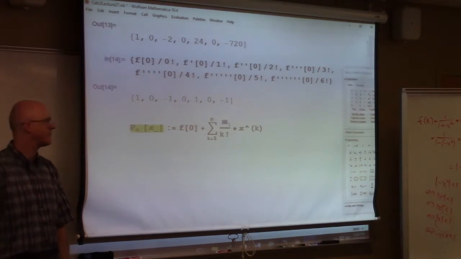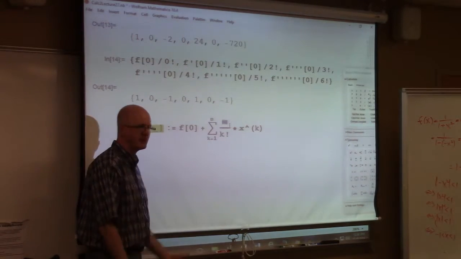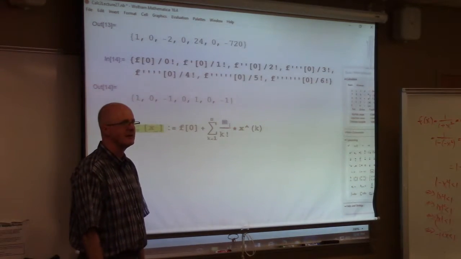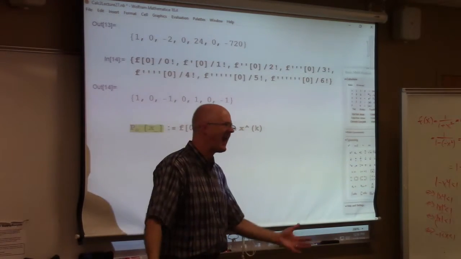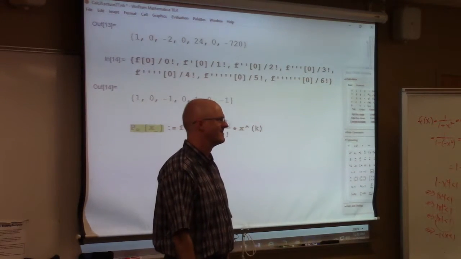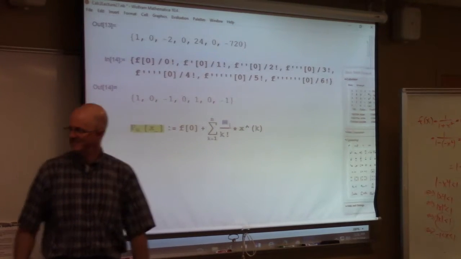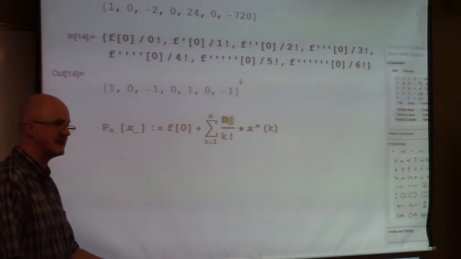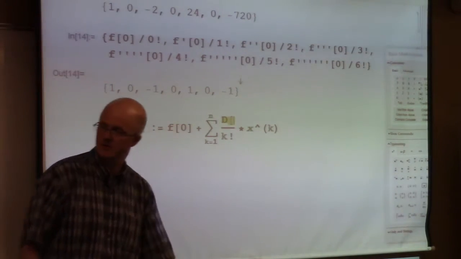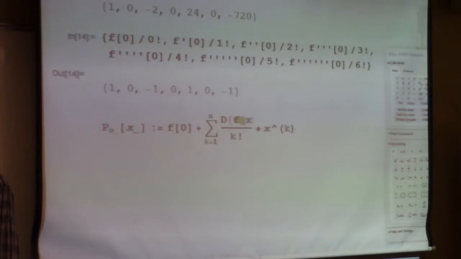But what goes up top there? It's the kth derivative of f at 0. How do you type in k primes? You can't. Here's the way to deal with it. D will calculate a derivative, and not just a regular derivative, but even if I want a second, third, fourth, or fifth derivative of f of x with respect to x.